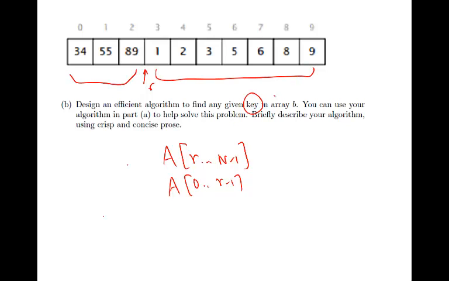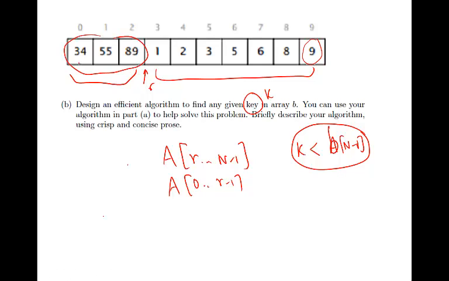So if you're given a key K, you can take a look at K and compare that to B of n minus 1. If K is less than that, it should be here, because it couldn't be on this side, because everything on this side is greater than B of n minus 1.